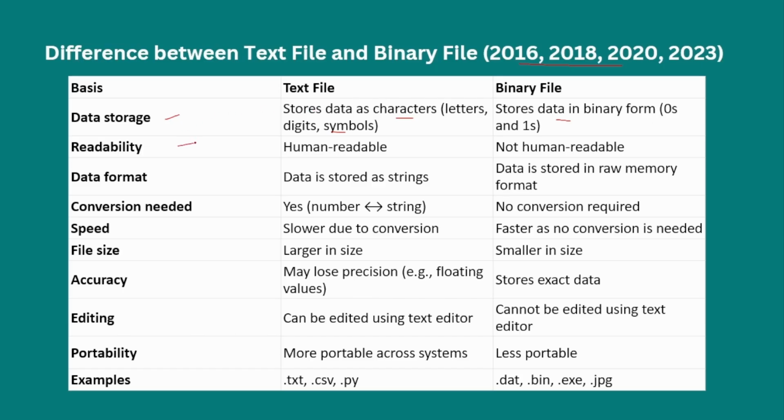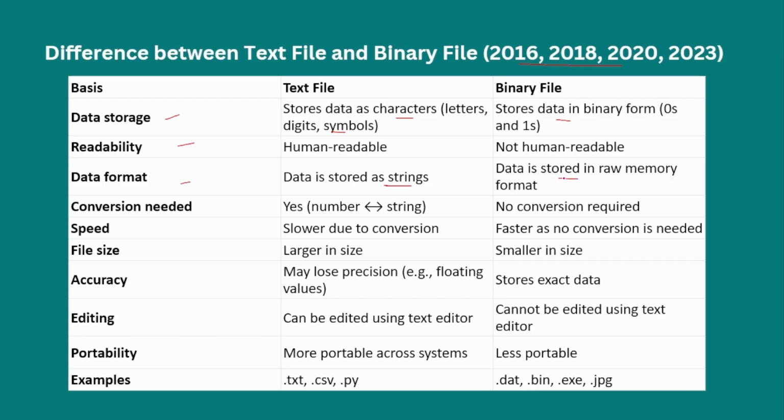Next is readability. Text file is human readable, binary file is not human readable. Then is data format. In text file, all the data, whatever is written, is stored as strings. In binary file, data is stored in raw memory format.